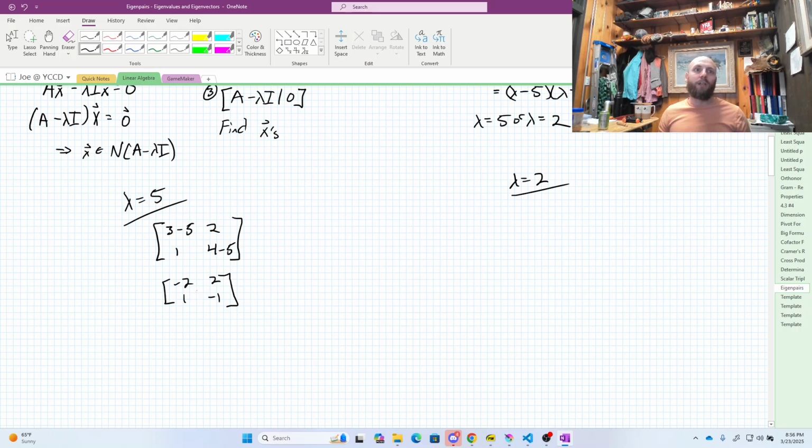I can grab either row here. They're both the same. So let's take this thing: negative 2, 2, 1, negative 1, augmented by 0. I know one of these rows is redundant. So I'm just going to grab the equation out of the second row. That second row equation reads x minus y is 0. That's going to tell me x equals y. And so my eigenvector is going to be the vector 1, 1.